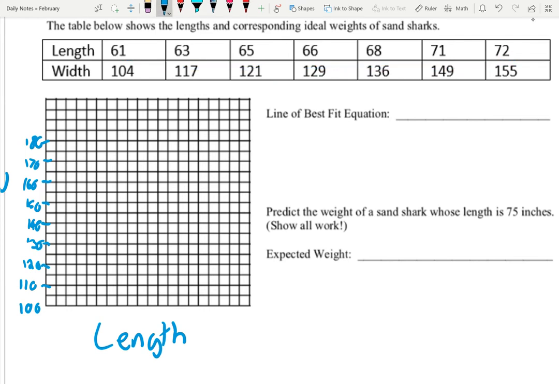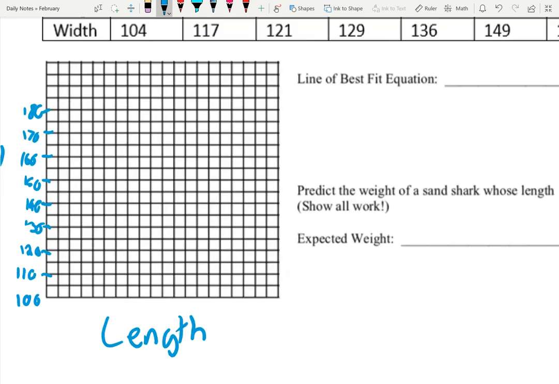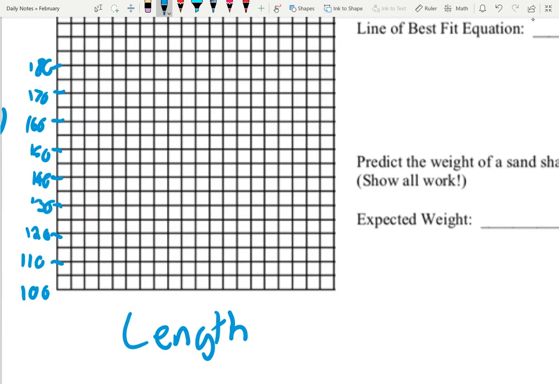So let's go. We'll count. We'll start at the bottom. We'll make this, I guess, go by 2. So we'll have this 62, 64, 66, 68.